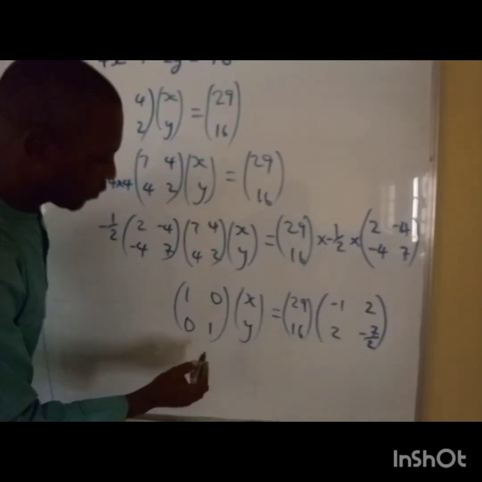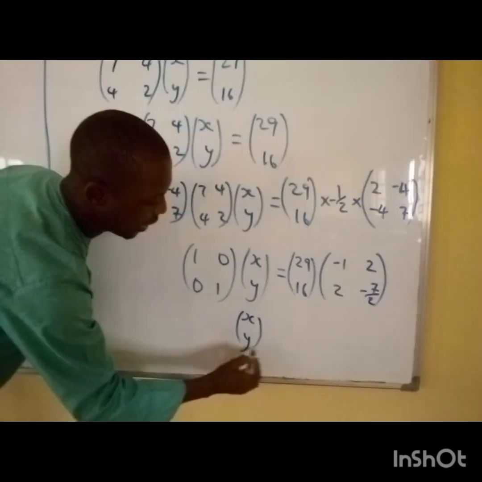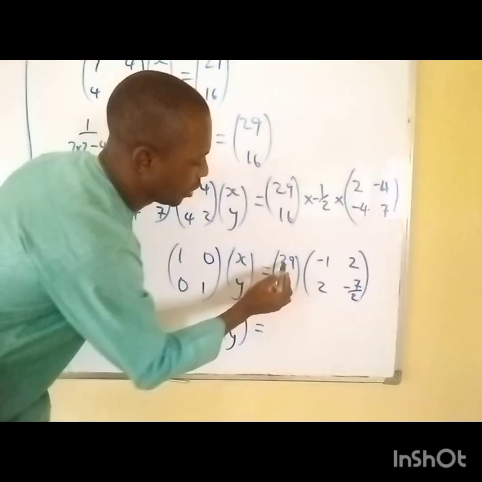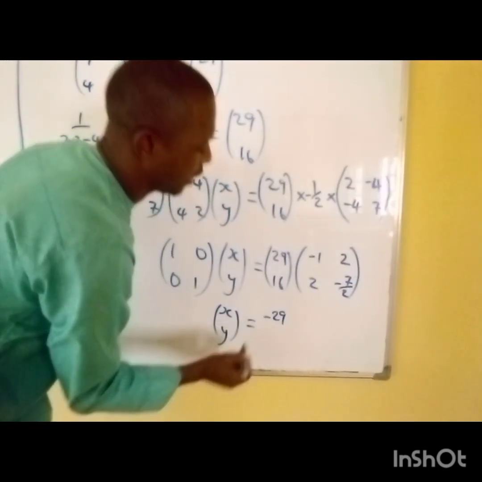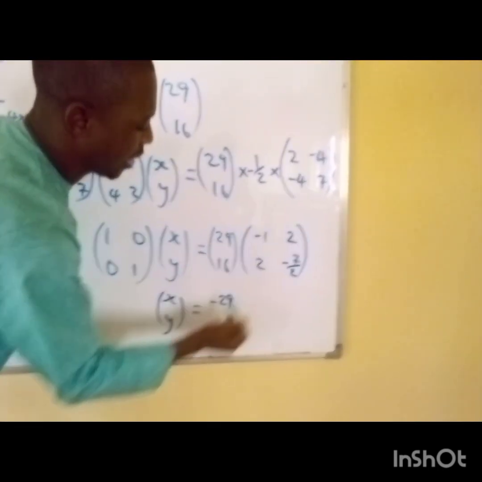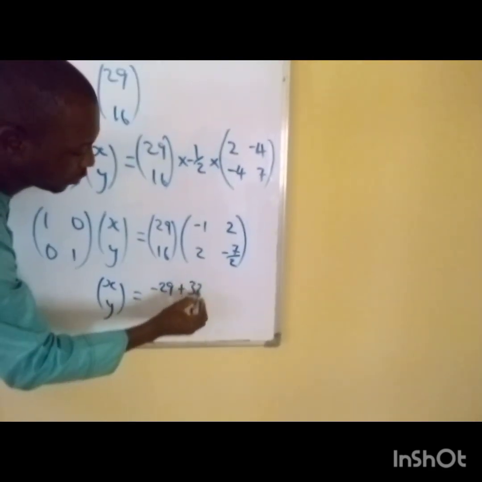Now, this will give us x, y equal to 29 times minus 1 will give us minus 29, and then 16 times 2 will give us 32.